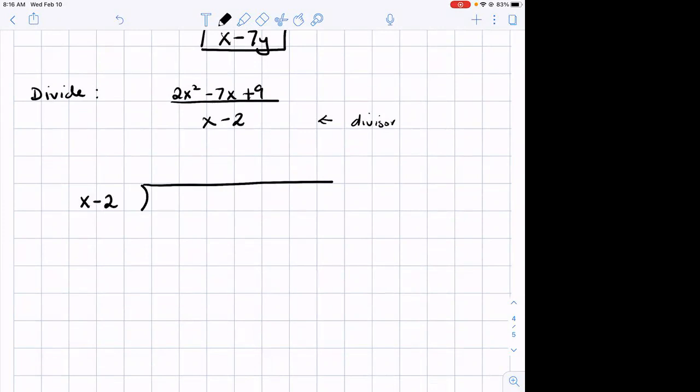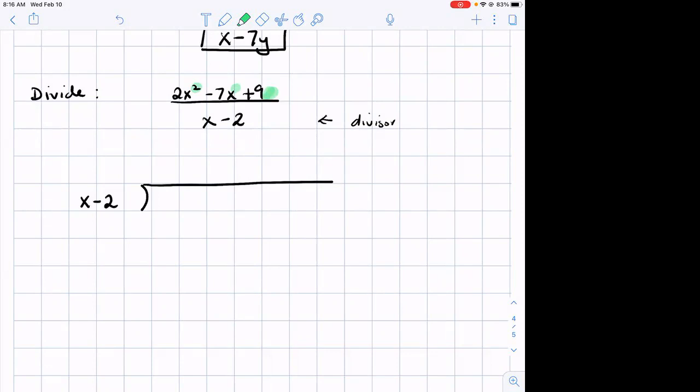Now it's important to note that we fill in missing terms. What do we mean by that? Well, if you look at the numerator, it's x to the second power, x to the first power, then x to the 0 power. So that top is in descending order.